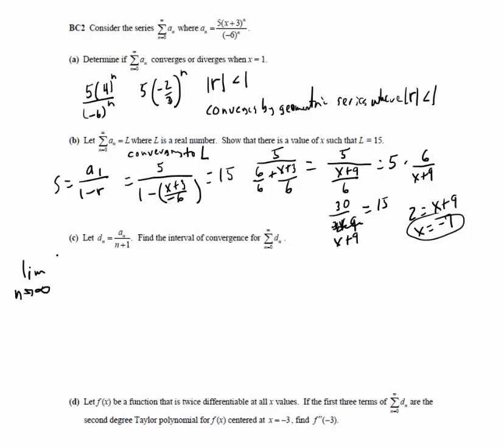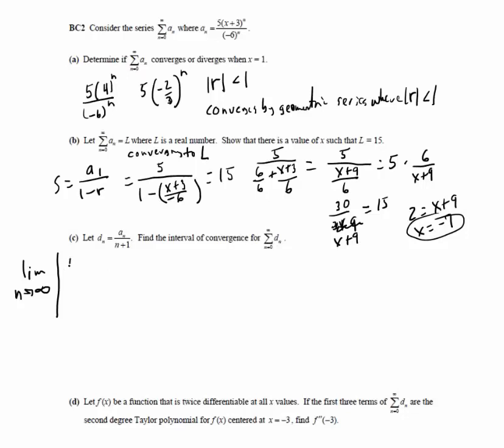This one will be a fraction, so it'll be the absolute value of, I'm going to be replacing n with n plus 1. And I need to piece this a_n together, which is this thing up here, with the d_n part, which is over n plus 1.